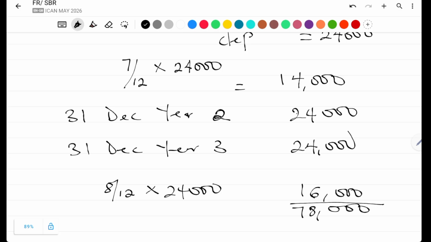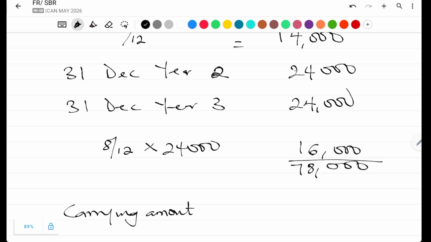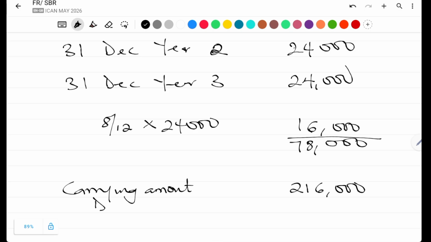Now, the cost of the assets is how much? So that we can tell the carrying amount. We need to know the carrying amount before we dispose of the asset. So we have the asset costing 216,000. Then the accumulated depreciation over the years is 78,000.